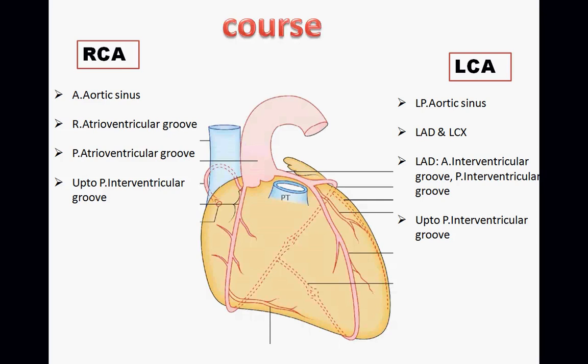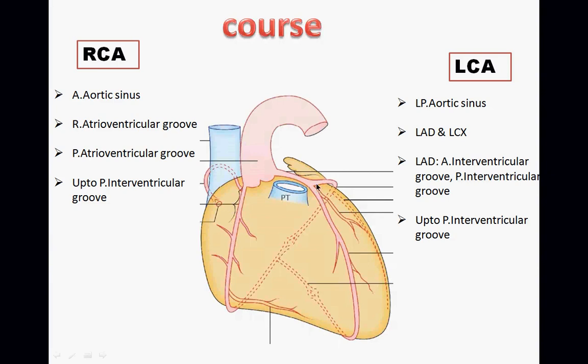Coming to the course of left coronary artery, it arises in between the pulmonary trunk and the left auricle, and at this level itself, it divides into two important branches. The first one is the LAD branch, which is the left anterior descending branch, because it descends in the anterior interventricular groove. It is also known as the left anterior interventricular artery.